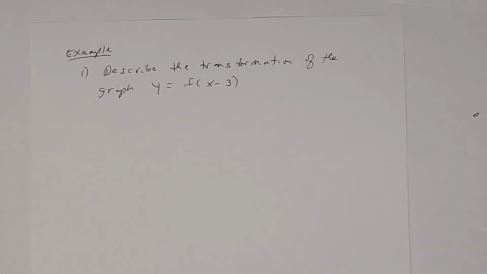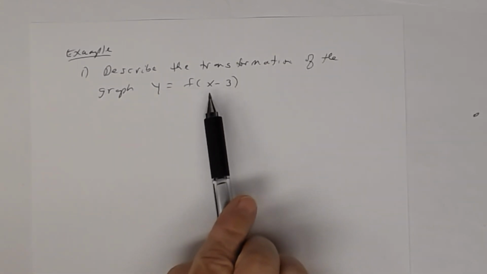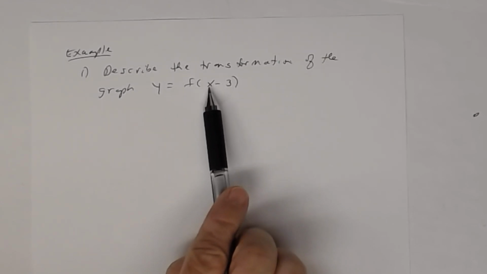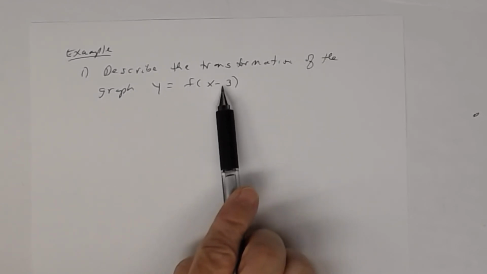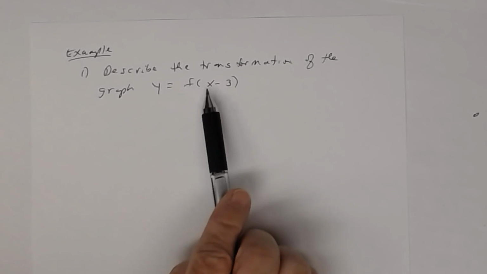Okay, so number 1, describe the transformation of the graph of y equals f of x minus 3. So remember when we looked at it, with the subtract 3, the original input, you're decreasing that input by 3, but remember what effect that has.